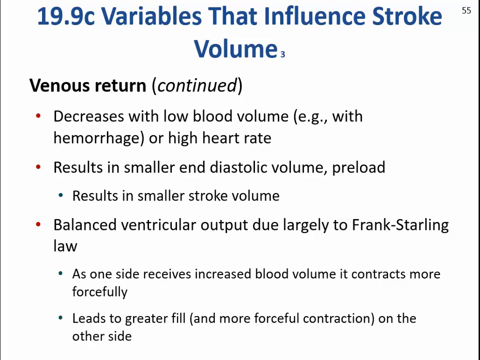Venous return will decrease if you lose blood. If you're hemorrhaging, your heart rate has to speed up to maintain a stroke volume. If your heart is racing, then stroke volume goes down because there's not enough time for filling. So it balances out.